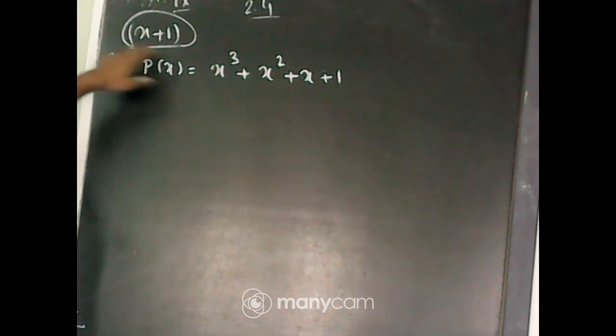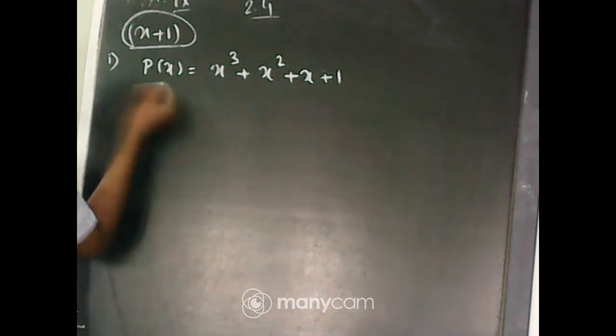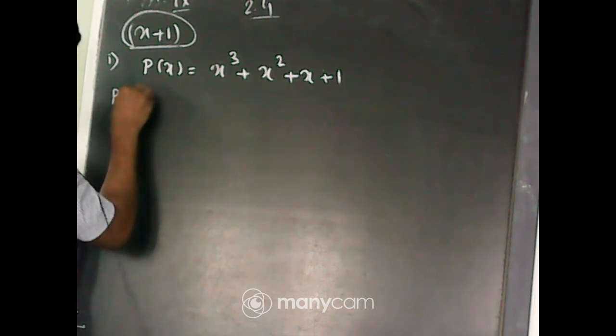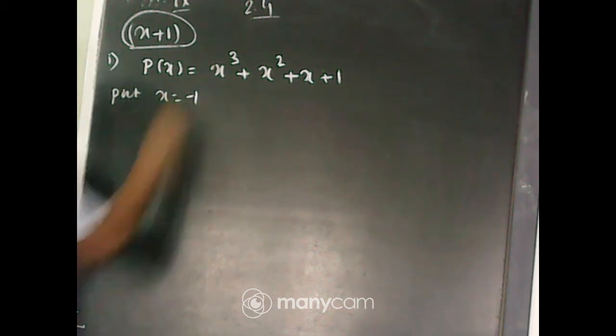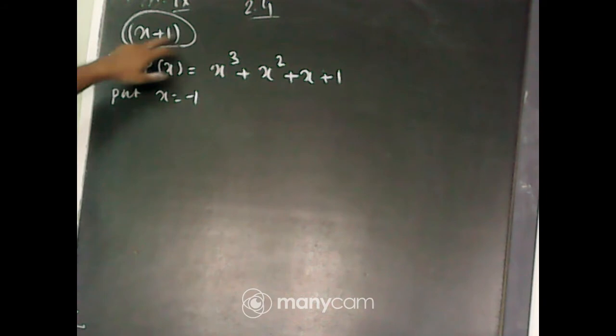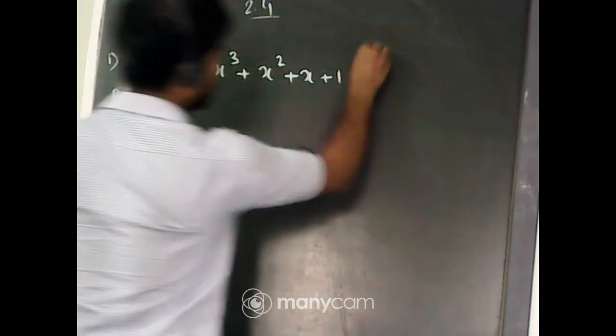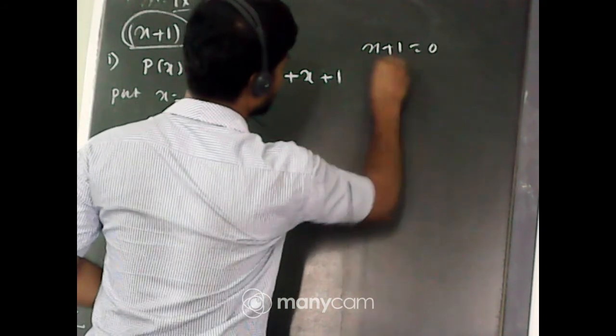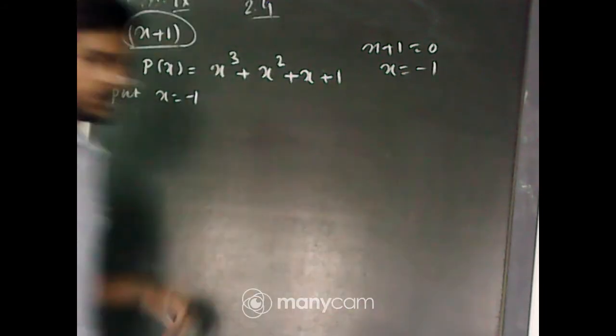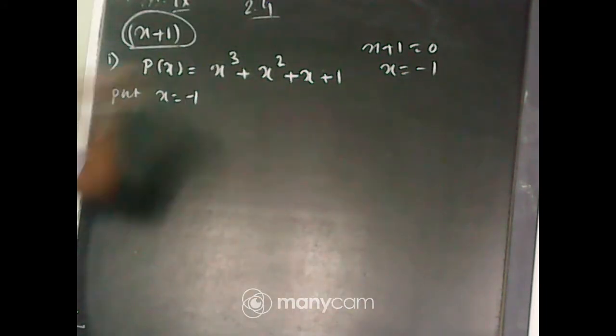So what we will do? Put x equal to minus 1, because if you put x plus 1 equal to 0, then x will be equal to minus 1. So put x equal to minus 1 in this polynomial.